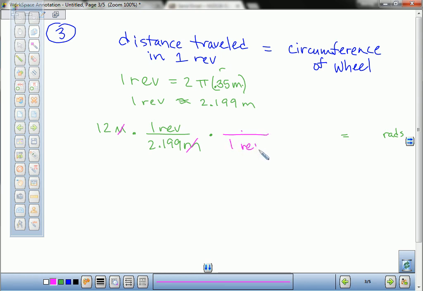One revolution is equal to 2 pi radians, isn't it? Revolution goes in the bottom, because I want revolution to go away, and currently it's in the numerator. The only reason you can do this is because it's basically 1.